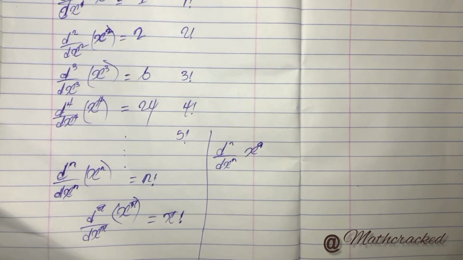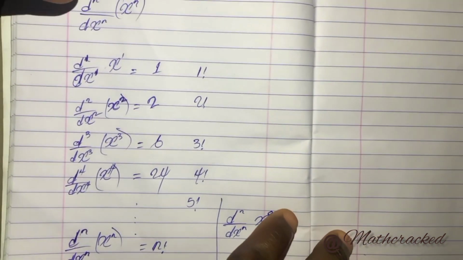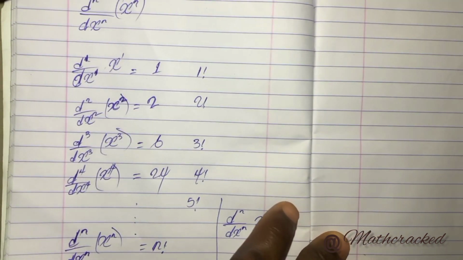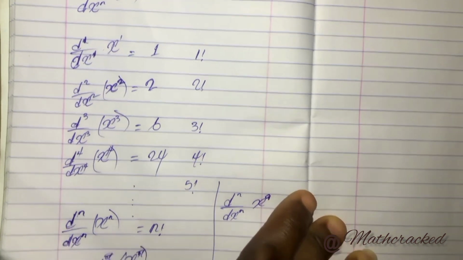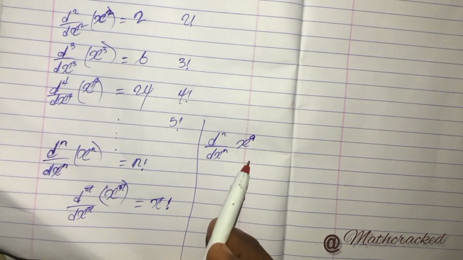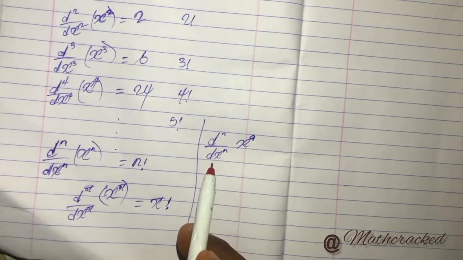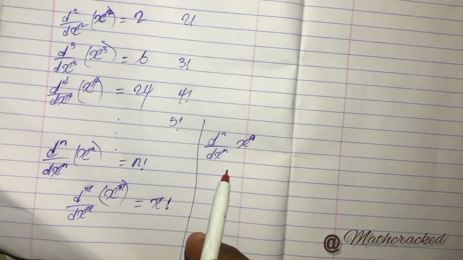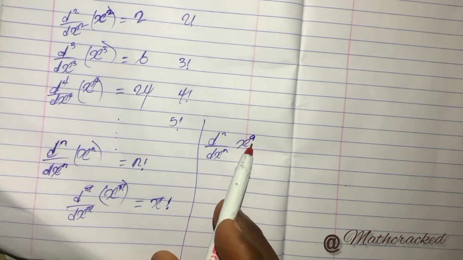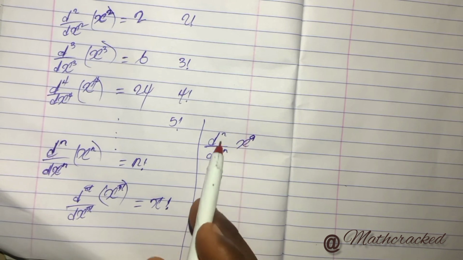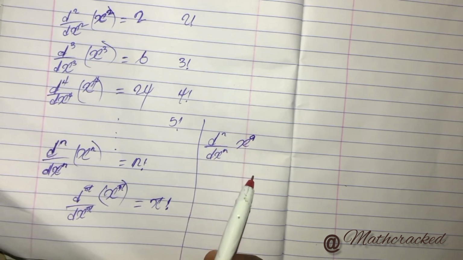If you look at the question I gave, x raised to power n times. But this question is saying we should differentiate x raised to power n, n times. That is the nth derivative of x raised to power n. These two variables differ, so the approach to this would as well differ.